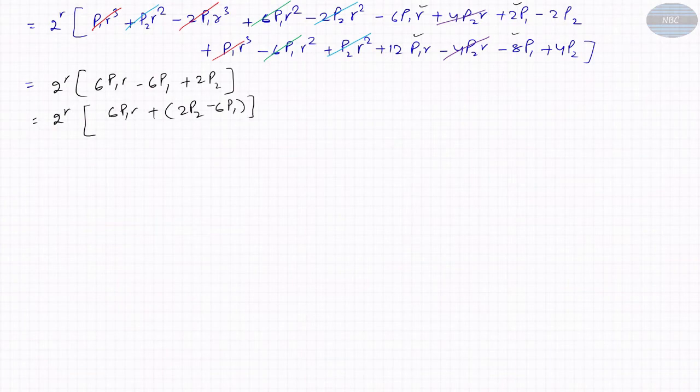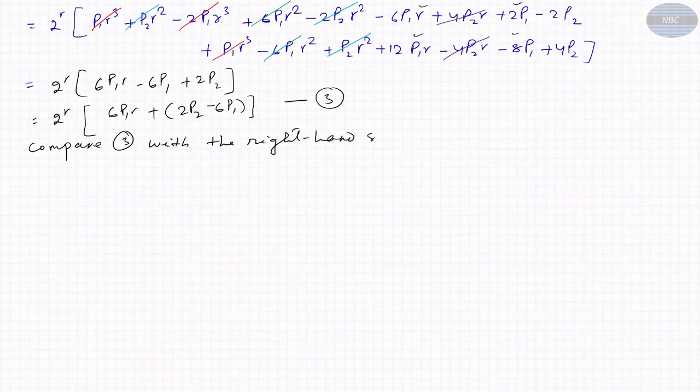So let it be 3. So compare 3 with the right hand side of 1.